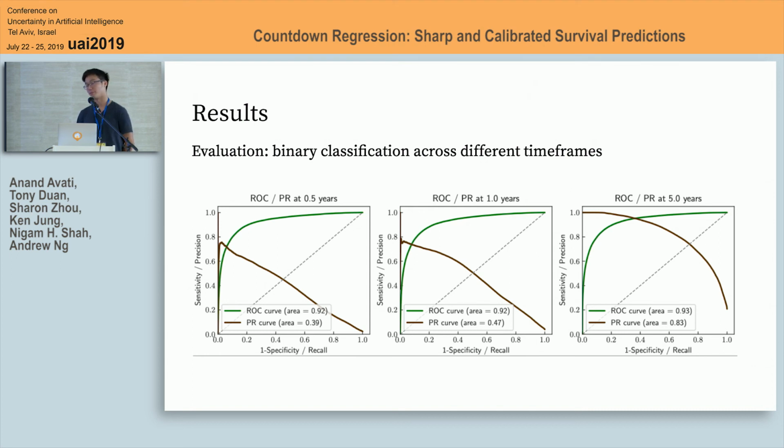If you're truly interested in 1 year outcomes of mortality and you have patients who came in in the last 9 months, then you can't really use that as a positive or a negative label. In the end, what our palliative care team is interested in is these 1 year mortality labels. So this is just to show that we still have decent performance when treating the problem as a binary classification problem.